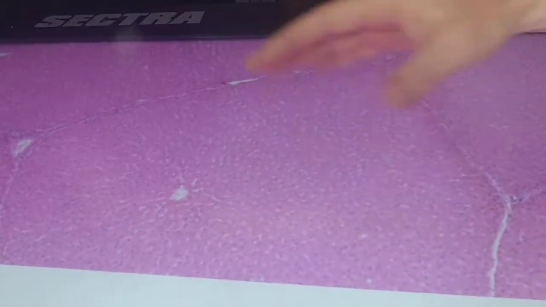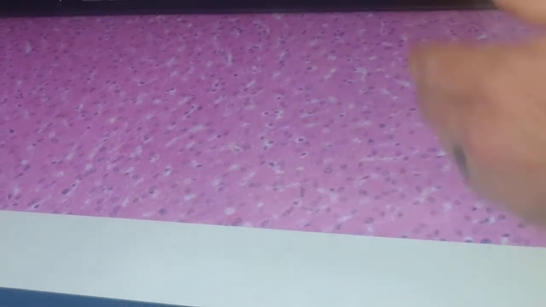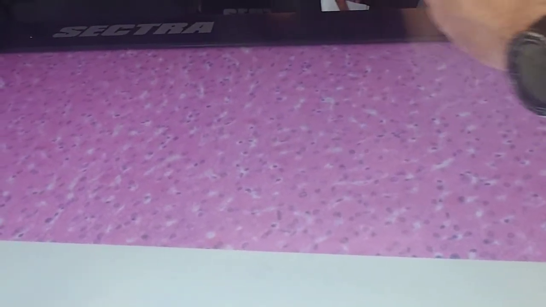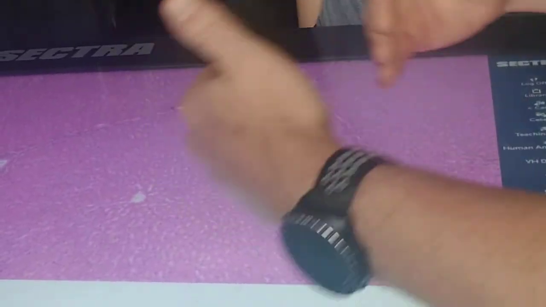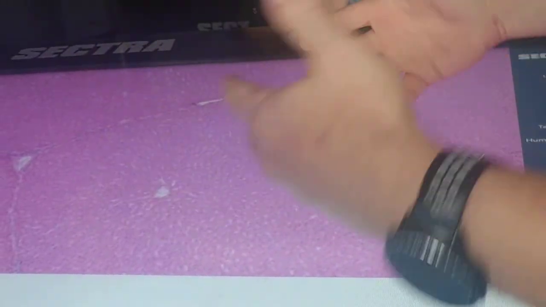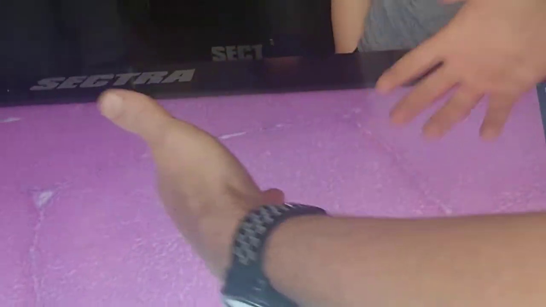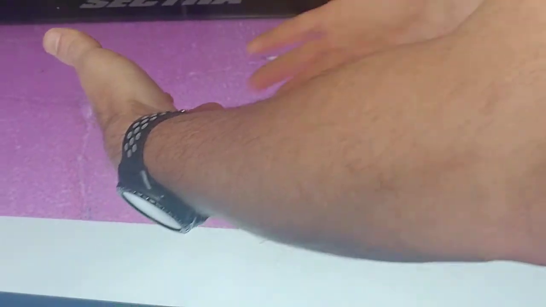So what's the other thing that these cells are doing? These hepatocytes are also making bile. There's no way to differentiate them here. Those white lines that you see, some of them are sinusoids going this way. Others are bile canaliculi going that way.